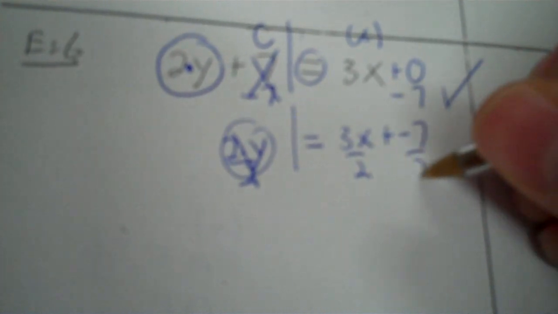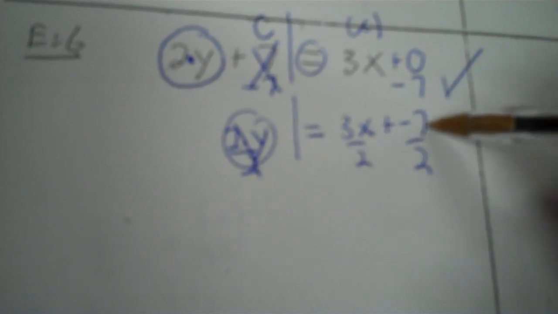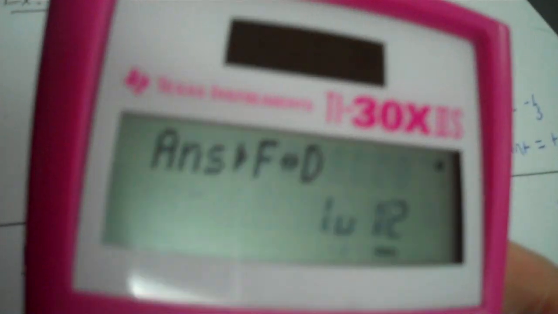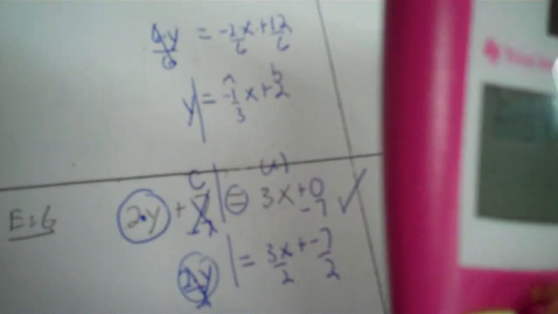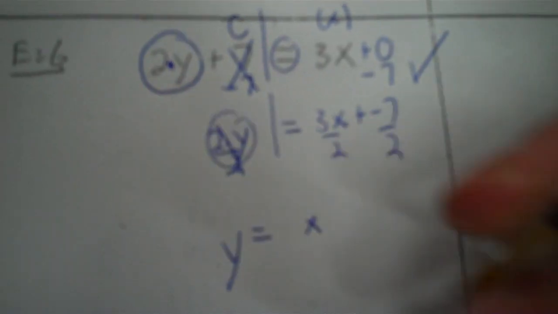Now you get rid of your times 2 with dividing by 2. Both of these, the x and the constant, have to be divided by 2. All right, so 3 divided by 2, so I put x down. You don't forget the x, okay? 3 divided by 2, simplify that, and that's 1 1/2. That's a mixed number. That's not going to work as a slope. So now you go to a fraction, 3 over 2.